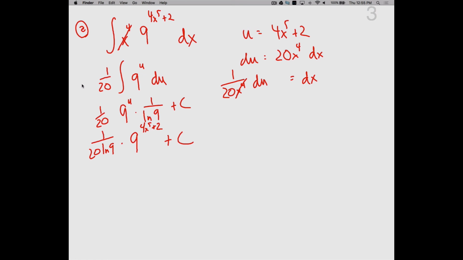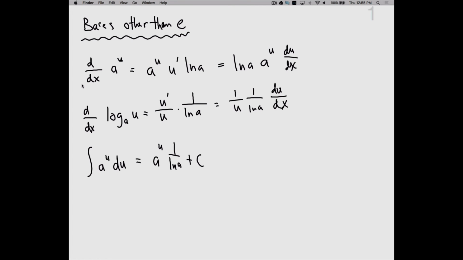Why is the thing that gives you the front integral only multiplied to the natural log and not the 9?